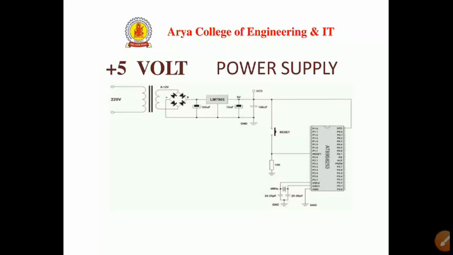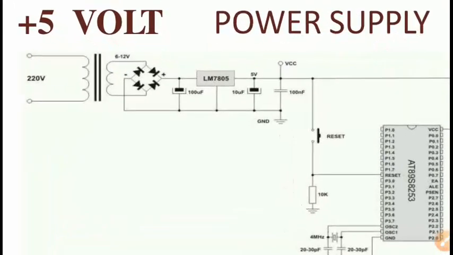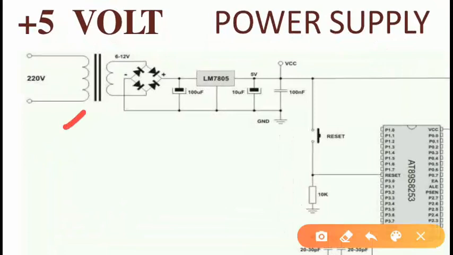Now first one is 5 volt power supply to the microcontroller. As it is clear in this video, there is a transformer and we have a 200 to 220 volt power supply, and it is rectified with a bridge rectifier, and then we have the voltage regulator IC 7805.